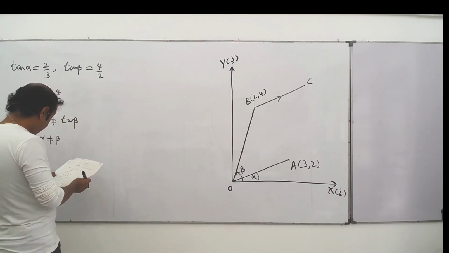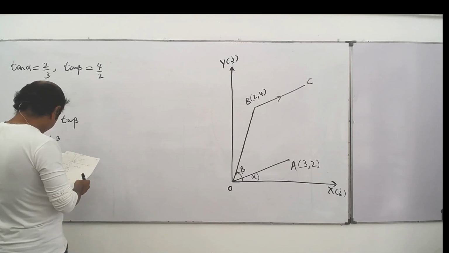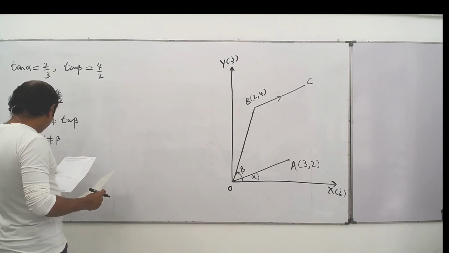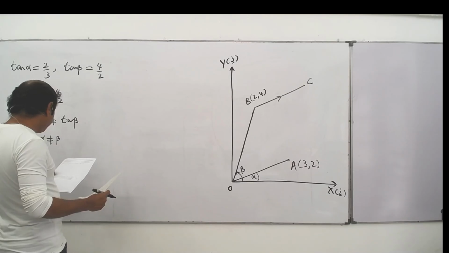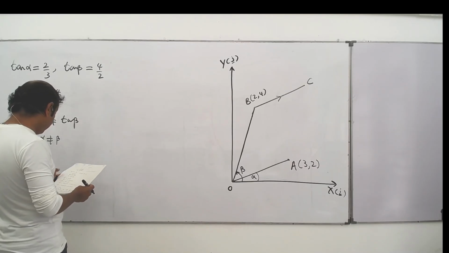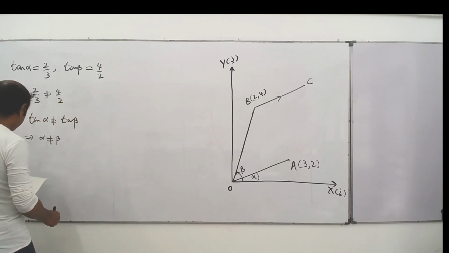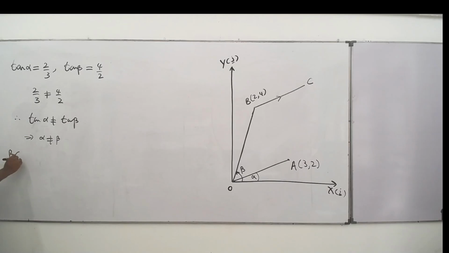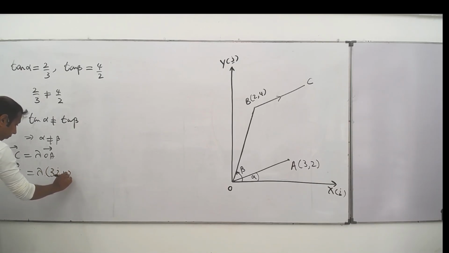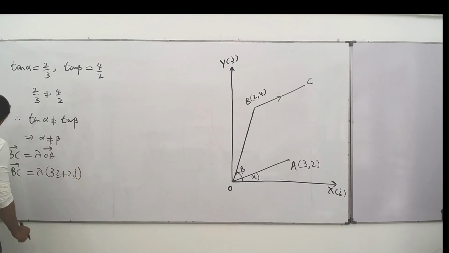Then asking, find OC in terms of i, j and lambda, show that if BOC is pi by 2, then lambda is minus 10 over 7, right. BC vector we can write, BC vector is given as lambda OA vector, no. BC vector equals lambda times OA vector, 3i plus 2j, right. And then asked to find OC.